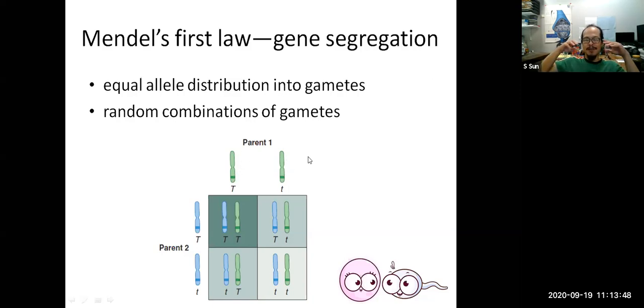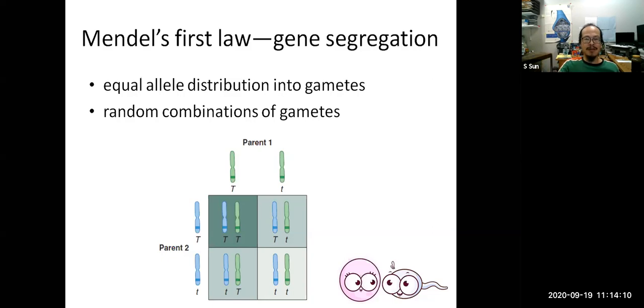Say if the parents have 2 alleles and they're going to be distributed to the gametes. Gametes are all haploid. 50% of them will carry 1 allele, the other 50% will carry the other allele. So that will be 50-50.